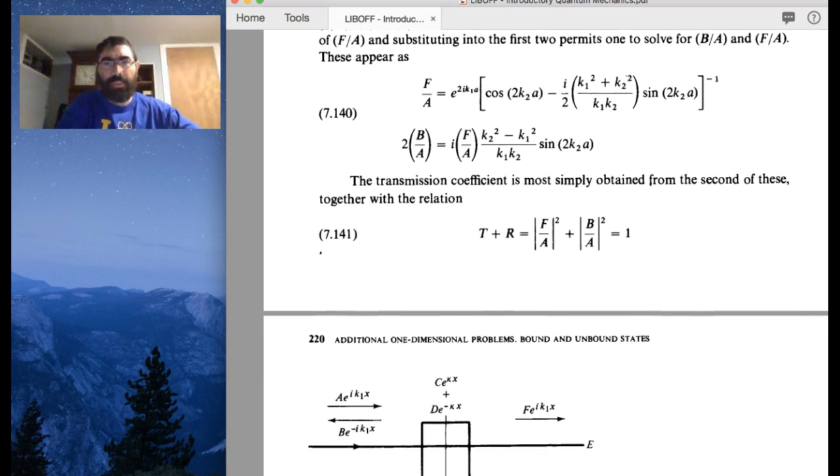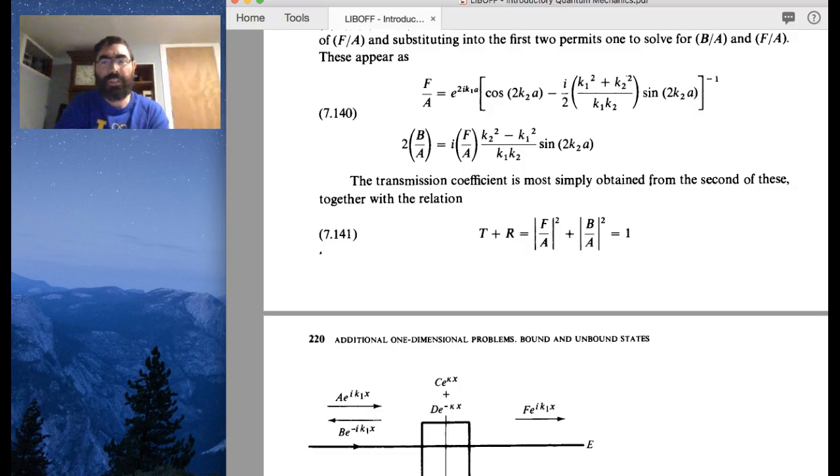Okay, so once we have that, F divided by A, squared, is the transmission probability. B divided by A, squared, is the reflection probability. Those 2 quantities added together should give you a probability of 1.